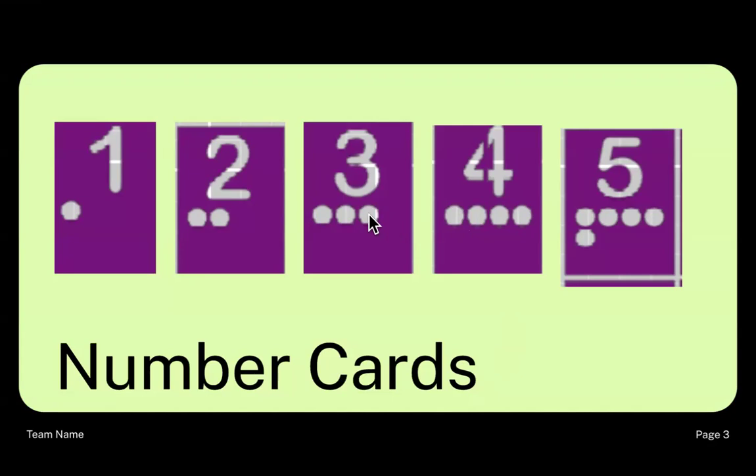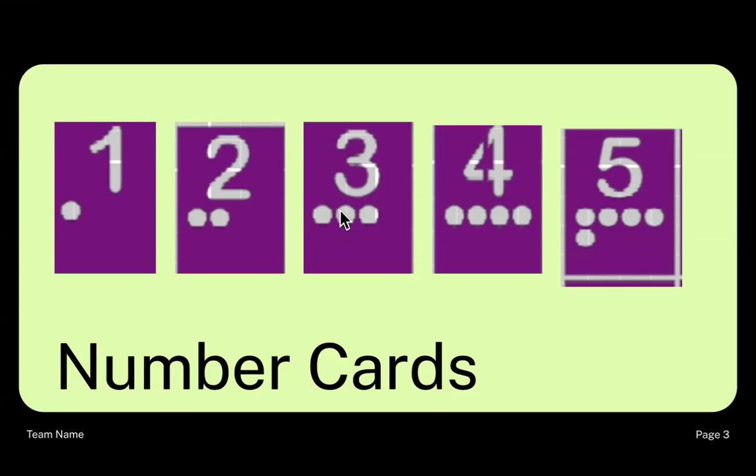So when you say 3, 1, 2, 3, the child can actually put little things or dots or seeds or anything that you have, little stones or pebbles, so that there's one-to-one correspondence. It's an important term in math education, and it means that for every number that the child says, there is one and only one object.